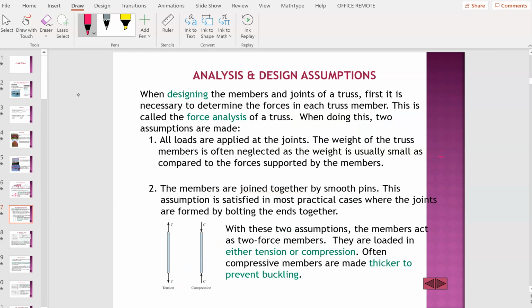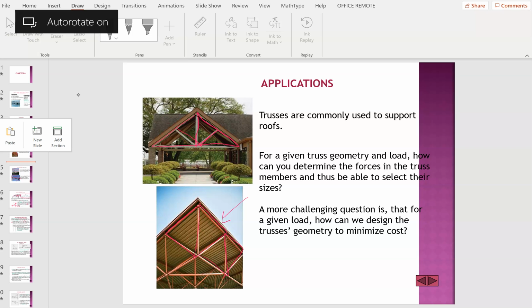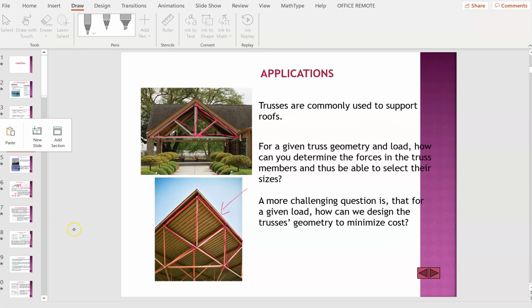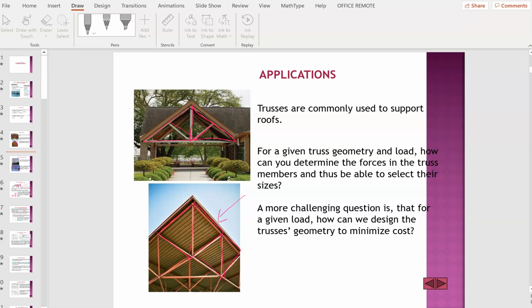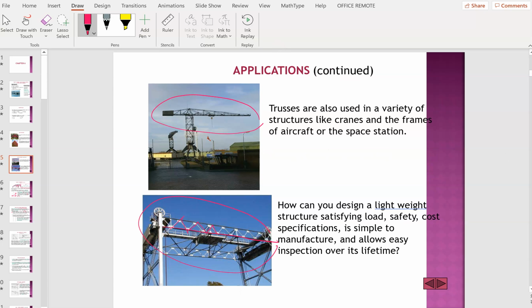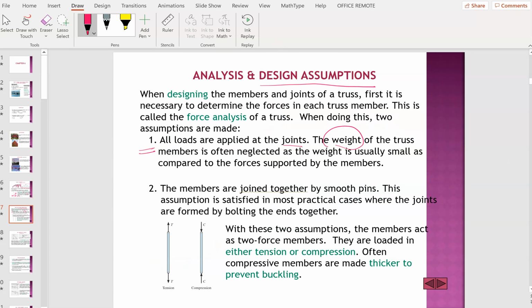For the analysis, we have to make some design assumptions in order to simplify the calculation in our textbook. The first assumption is that all loads are applied at the joints, and the weight of the truss members can be neglected. What does that mean?